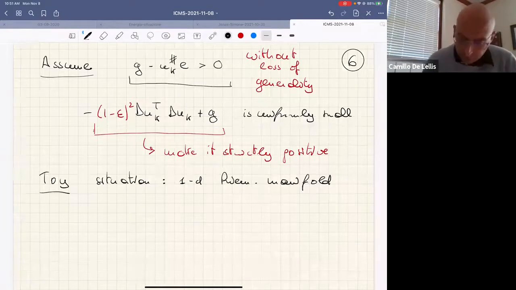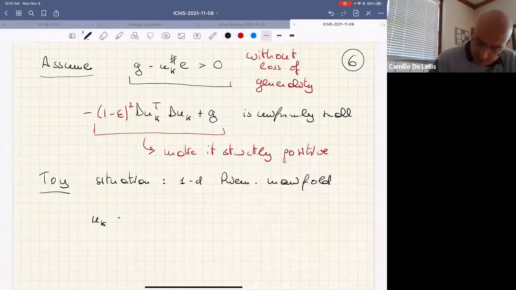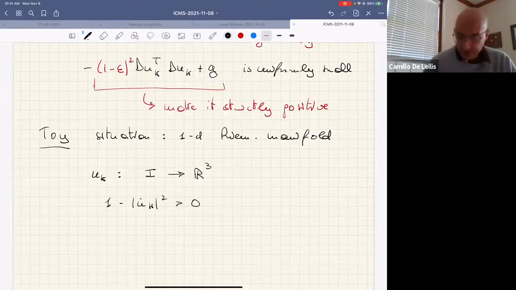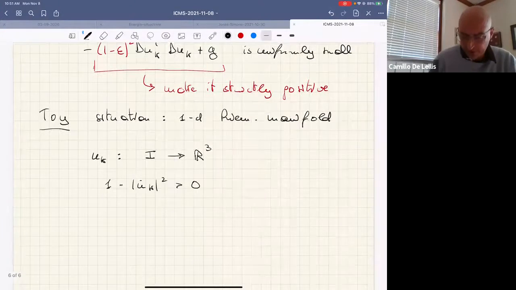It's a very silly problem, but nonetheless, I just want to experiment on what happens if I'm trying to upgrade a map u_k from the interval I into R3, which has the property that 1 minus the modulus of u_k dot squared is positive, and perturb it to a new map u_{k+1}, which is going to have 1 minus the modulus of u dot_{k+1} squared much smaller.